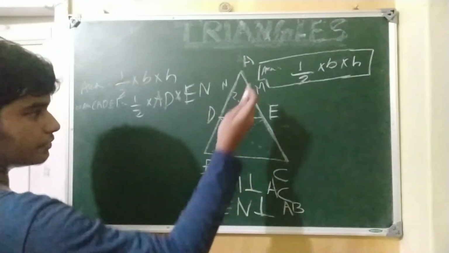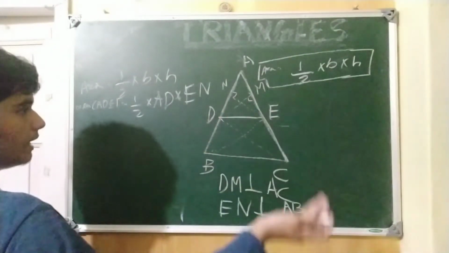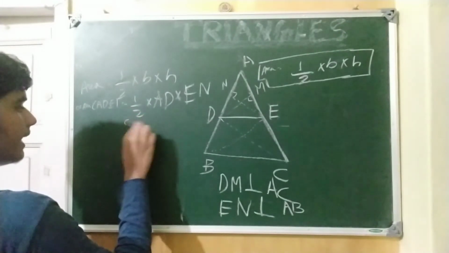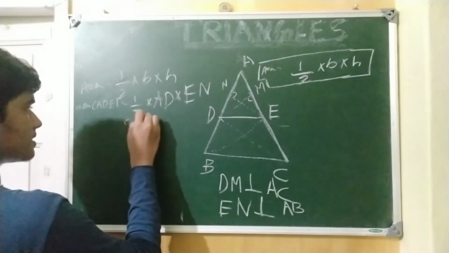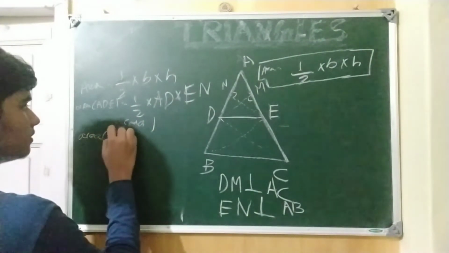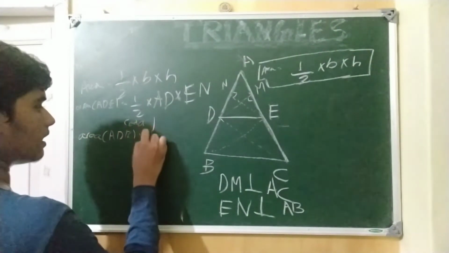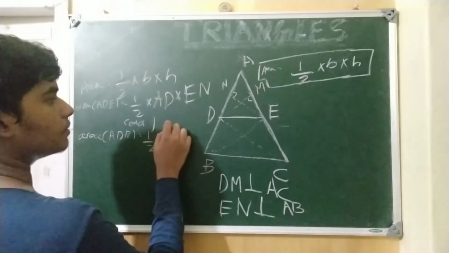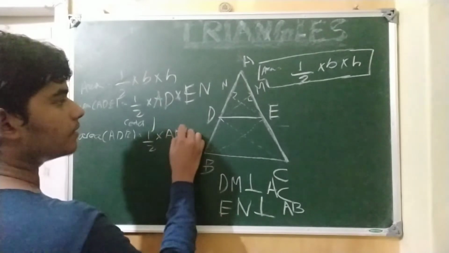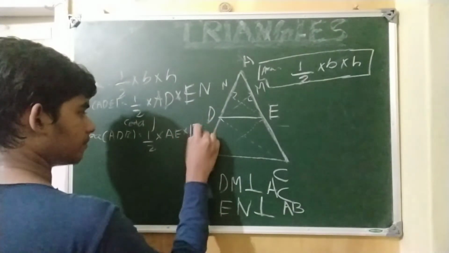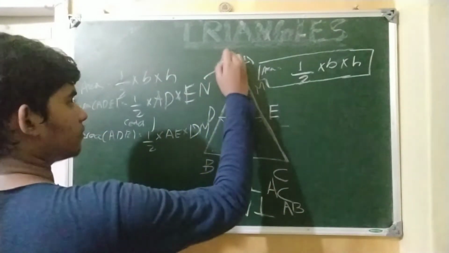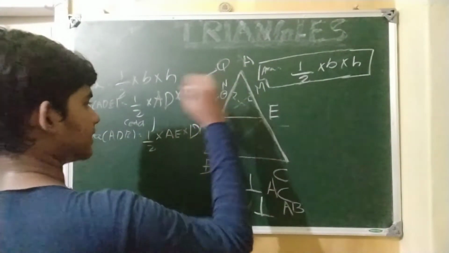Now we have two areas since we have drawn two lines. Area of ADE is equal to half into AE into DM. Let's take this as equation 1 and this as equation 2.